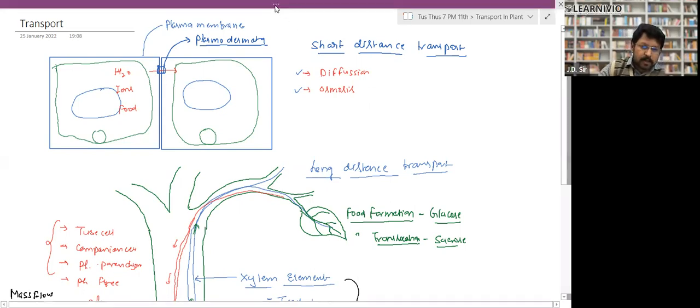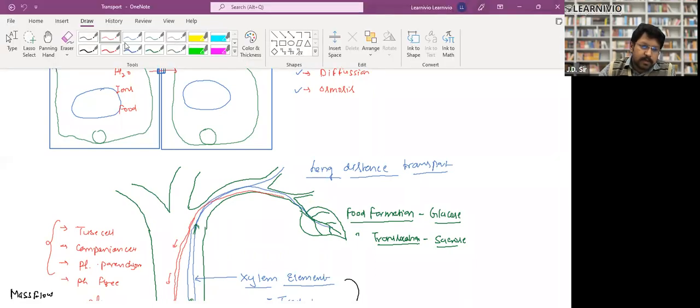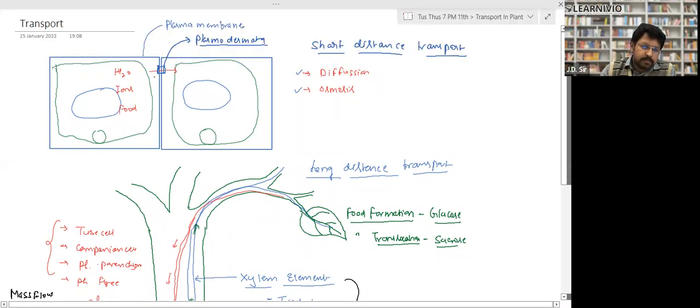And look, this part over here is the protoplasm, which is peripheral, right? And in the same way, the part over here is the nucleus. So the nucleus and the protoplasm both are peripheral in a plant, right? Why?